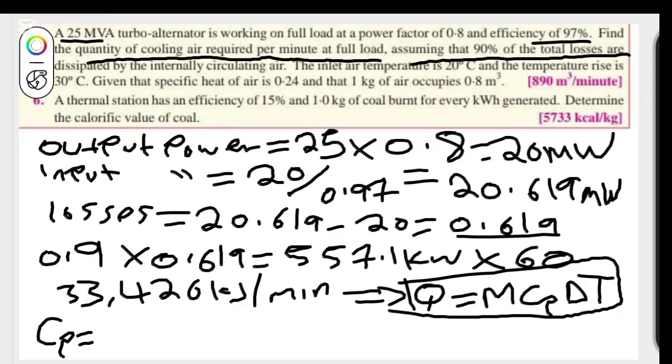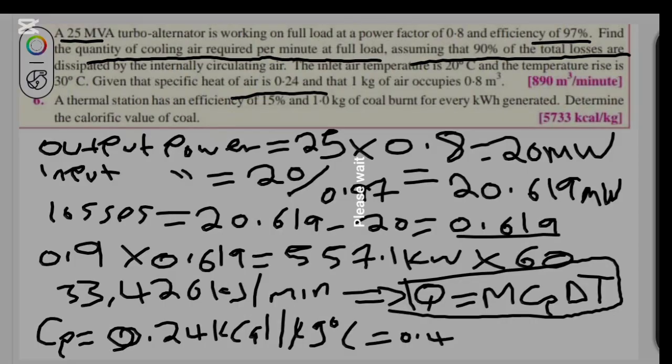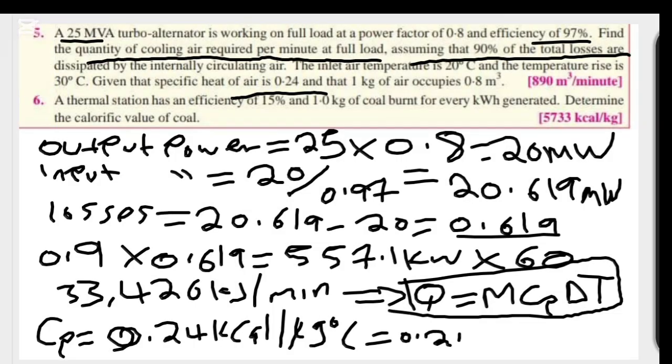As usual, we are going to use the specific heat of air, which is 0.24 kilocal per kg degree Celsius. Sorry, 0.24.